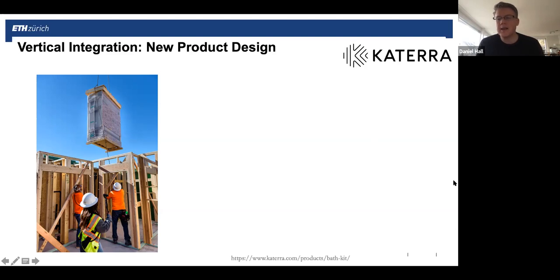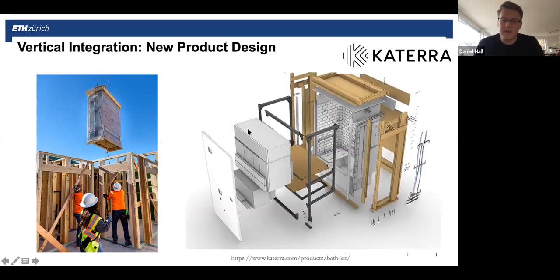They said, let's get away from optimizing each little piece, and let's redesign the whole system of how we design, manufacture, ship, and assemble a bathroom for a project. And then that was their bath kit that they came up with. So I think a very small, simple example, but a good example of this kind of rethinking the systems design using principles like design for manufacturing and assembly.